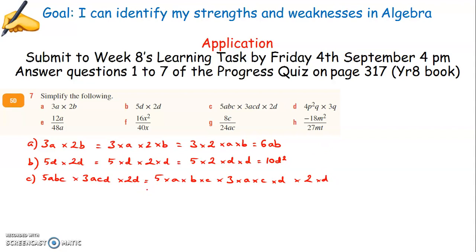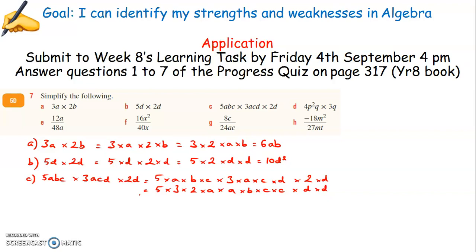Let's rewrite this. So we have 5 times 3 times 2, so all the numbers together, and all the a's together: a times a, times b, times all the c's together now. And finally, all the letter d's together.